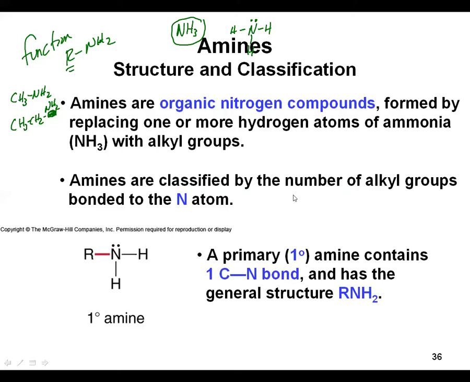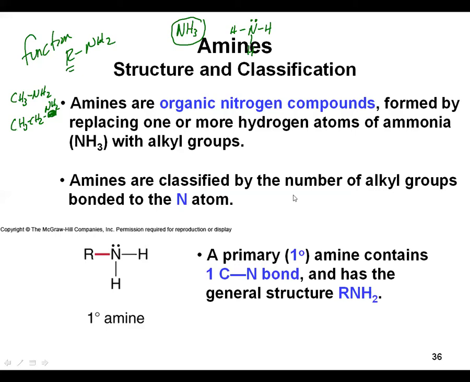Now, amines can be classified much like we classified alcohols before. We can classify them as a primary, secondary, or tertiary amine.